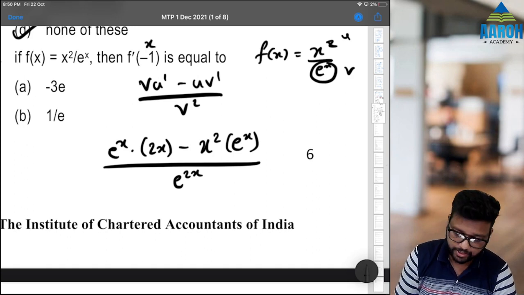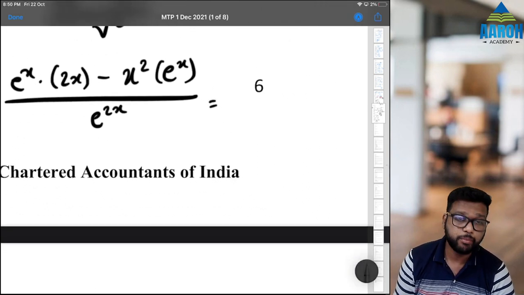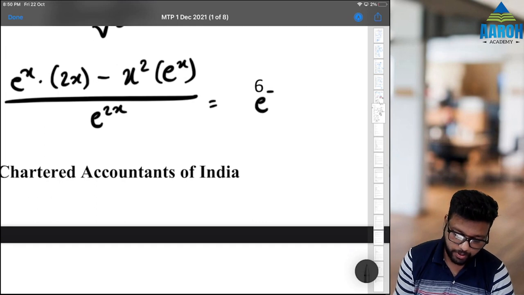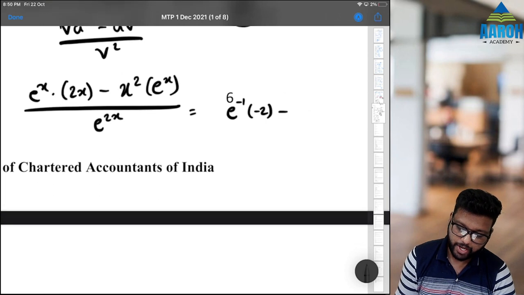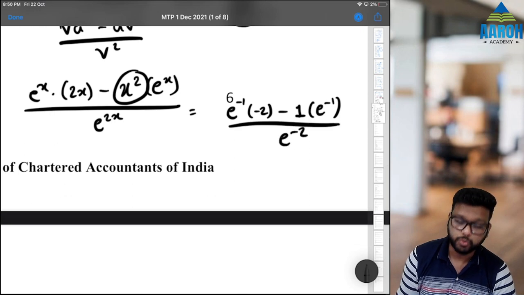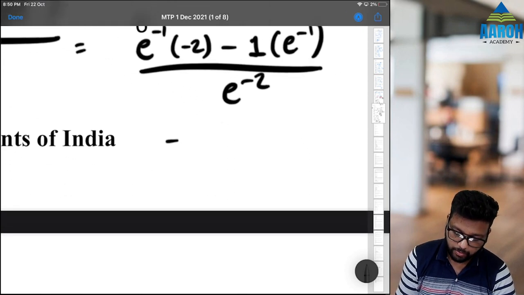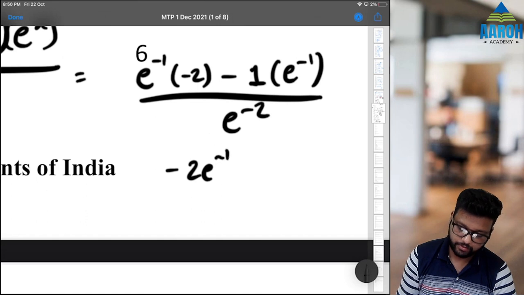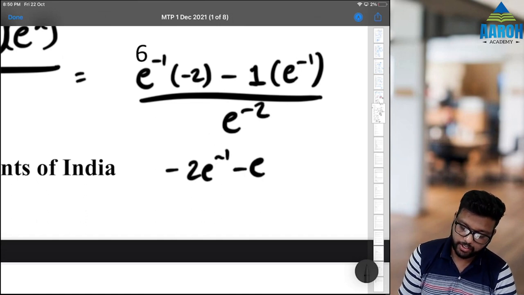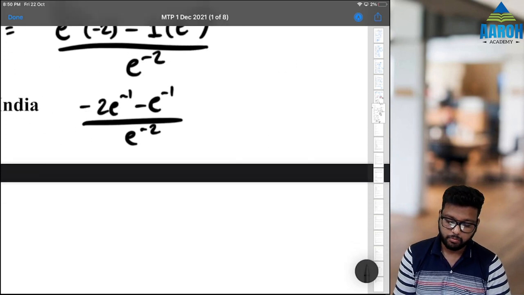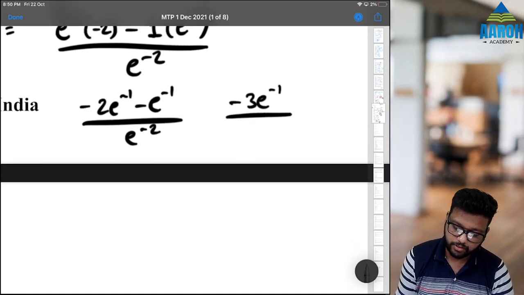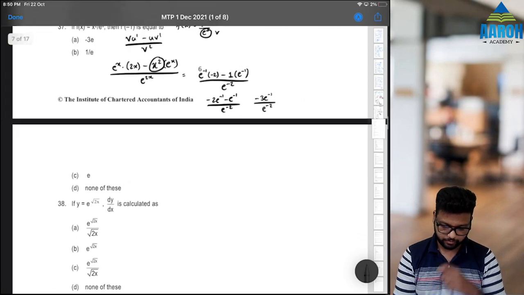So directly put x as minus 1, that's it. If we put x as minus 1, it will be e raised to minus 1 into 2 into minus 1 is minus 2, minus 1 square is plus 1 into e raised to minus 1 upon e raised to minus 2, right? So it will be minus 2 e raised to minus 1 minus e raised to minus 1 upon e raised to minus 2, which is minus 3 e raised to minus 1 upon e raised to minus 2.